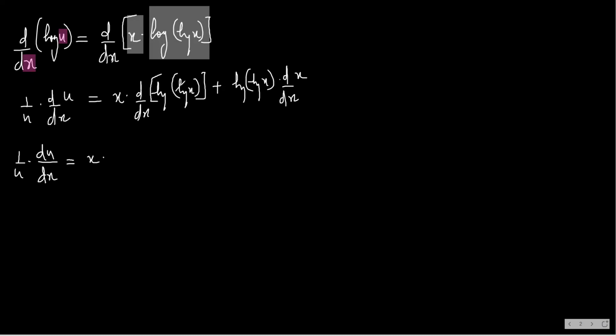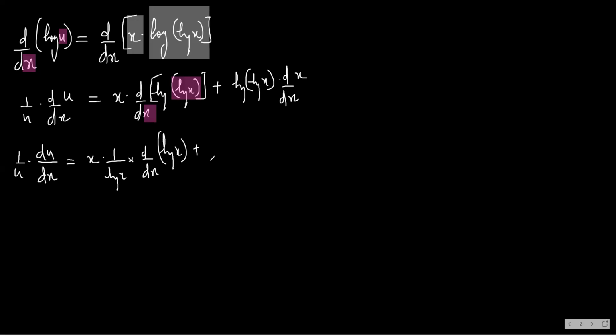d by dx of log x is, once again, a log function, but it is not log x, it is log f of x. You can check the variable is not matching. So d by dx of log x is 1 upon log x into d by dx of log x.